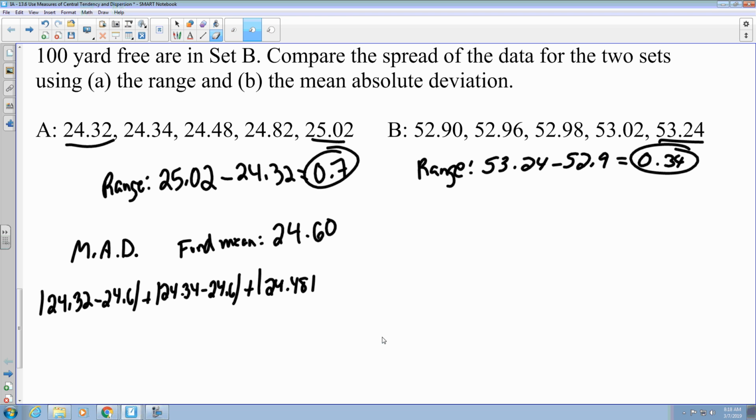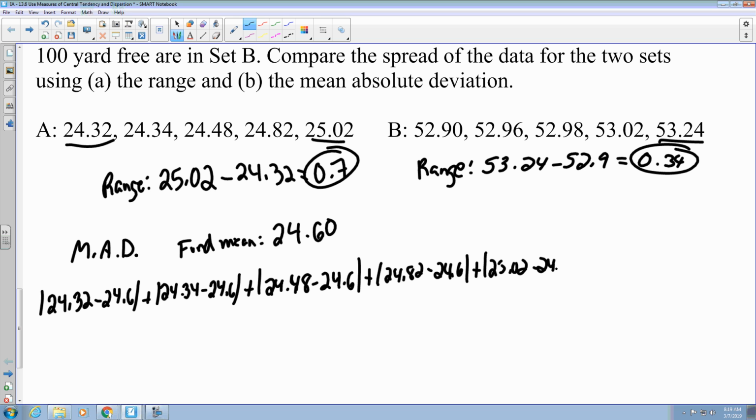Oh, shoot, needs to be subtraction: 24.48 minus 24.6, plus the absolute value of 24.82 subtracted by 24.6, plus the absolute value of 25.02 subtracted by 24.6, and that's all divided by, not 10, 10 was the other value, by 5, because there are 5 in the data set.